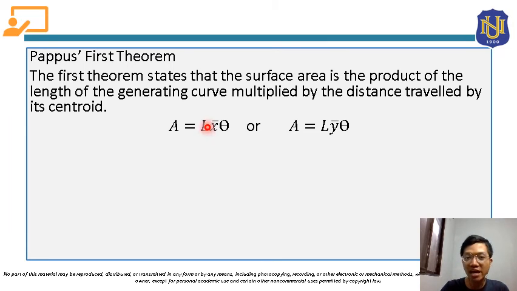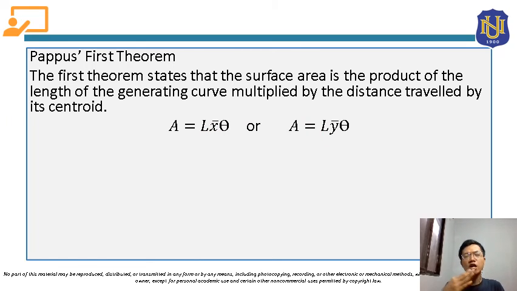Then x̄ will be the centroid of the composite line, the x coordinate. We can also use this formula with ȳ, the y coordinate. It depends on the problem, on the axis where we are going to revolve the composite curve, to know if we're going to use x̄ or ȳ.